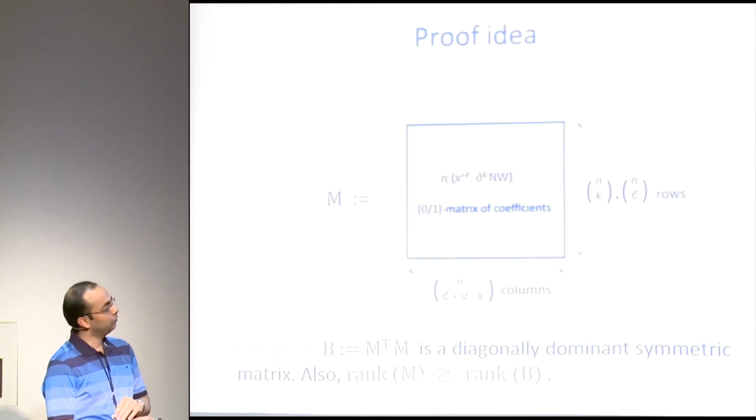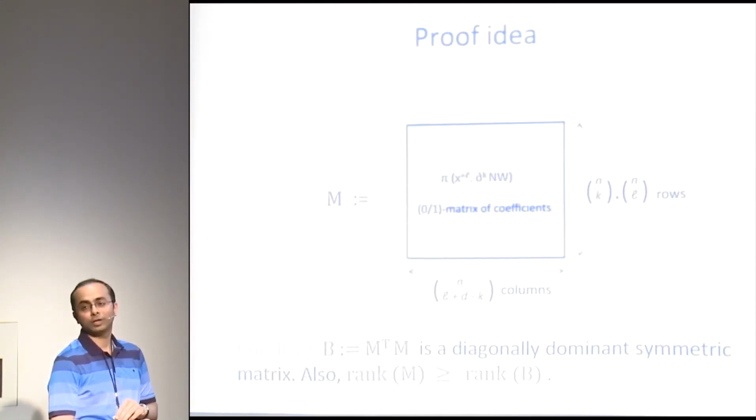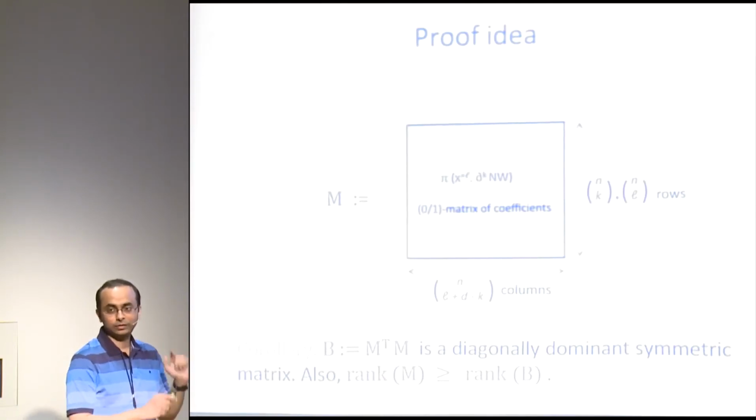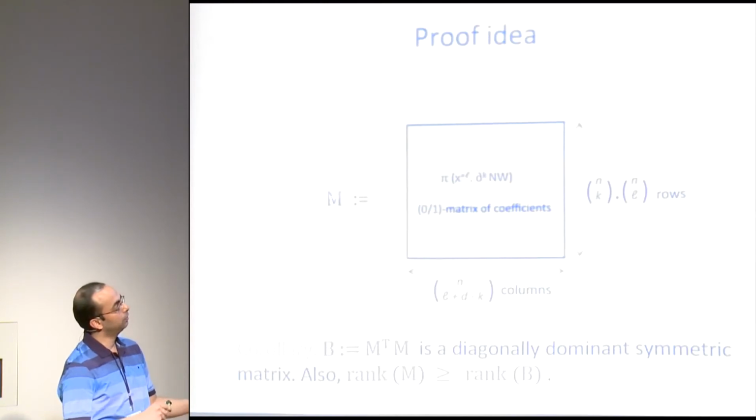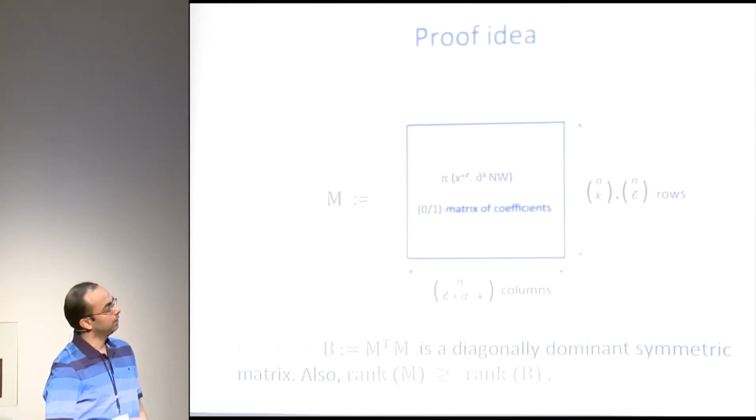And notice that if you prove a rank lower bound on B, that will imply a rank lower bound for M. And this is over any field. So what we did was reduce the problem of showing a rank lower bound on M to proving a rank lower bound on B using this nearly orthogonal structure.